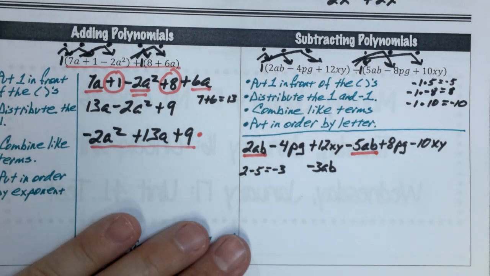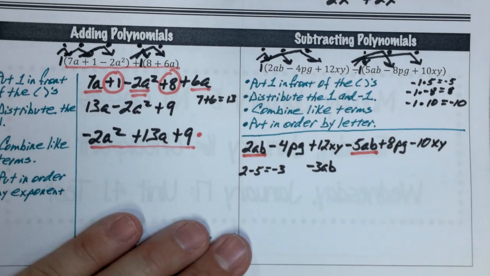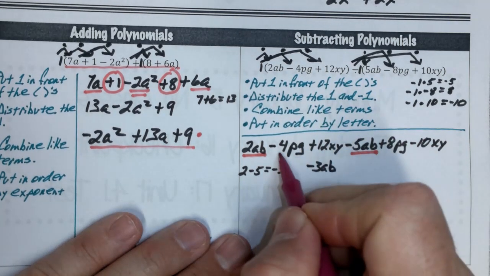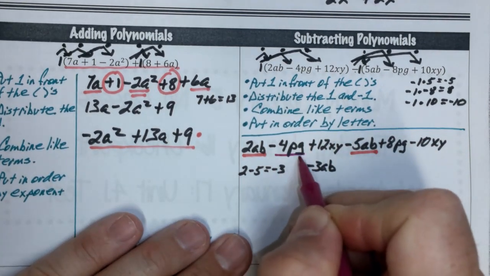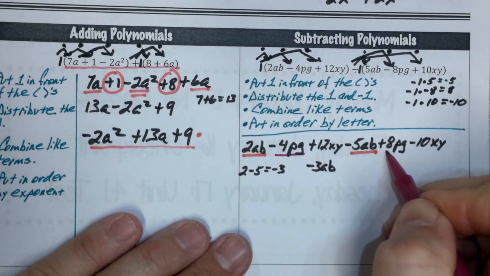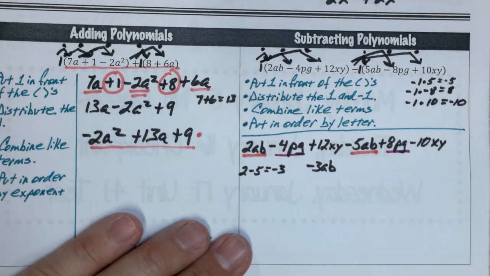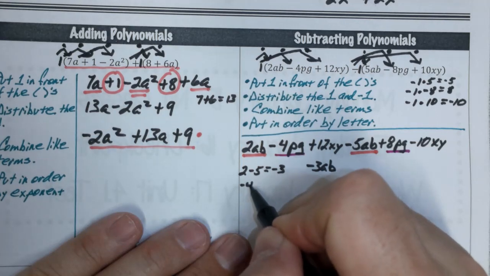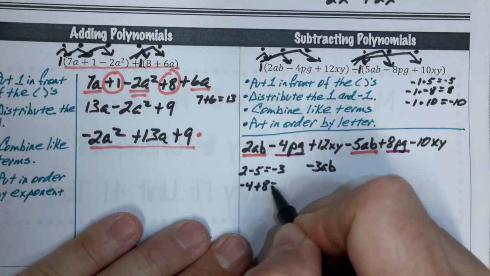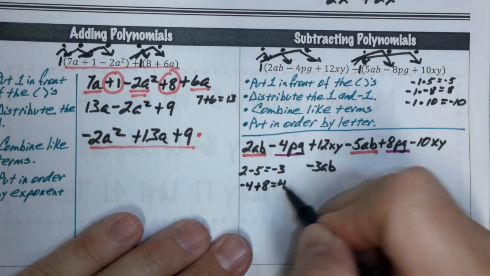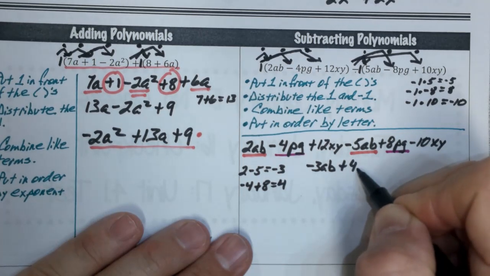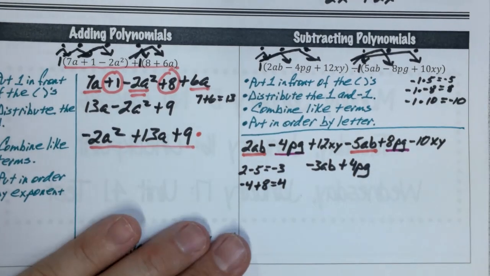And then next, we want to put together our PGs. So we have a negative 4 PG, and we're going to combine that with the 8 PG. So that's going to be negative 4 plus 8. That gives us 4. So that'll be plus 4 PG. Alright.